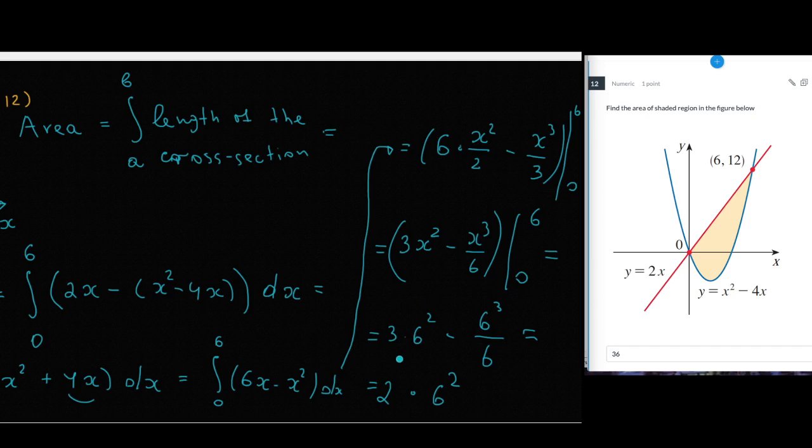Actually, I think I'm making a mistake here. So I have 3 times 6 squared. And then I have minus, actually here is a mistake. The antiderivative is x cubed over 3, not over 6.